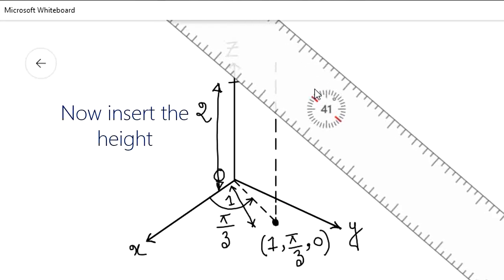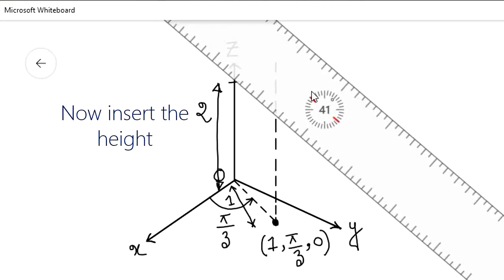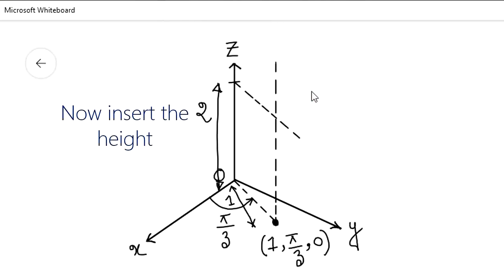These two lines, where they get intercepted, is our intended point P. That means whose rho is 1, whose angular displacement is pi by 3 with respect to the x-axis, and whose height is 2.